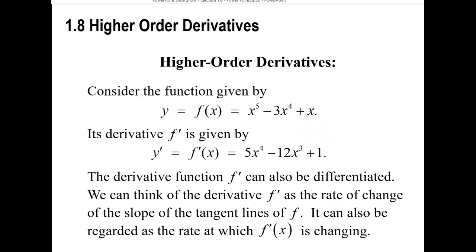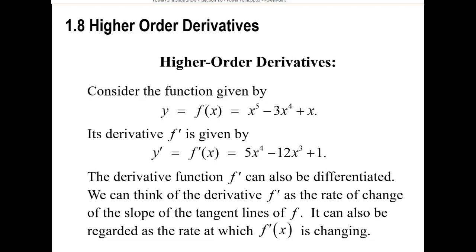So the derivative function f prime can also be differentiated. When we talk about a second derivative, it means taking the derivative of the first derivative. We can think of the derivative of f prime as the rate of change of the slope of the tangent line. It can also be regarded as the rate at which the derivative is changing. Remember that the first derivative is basically a slope, how fast the function is changing.